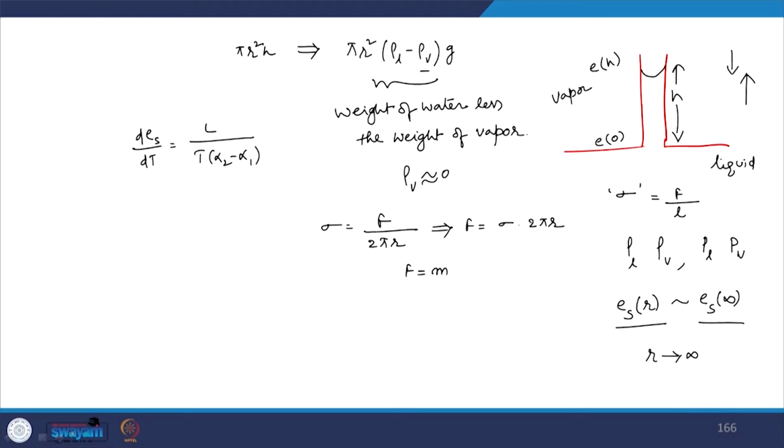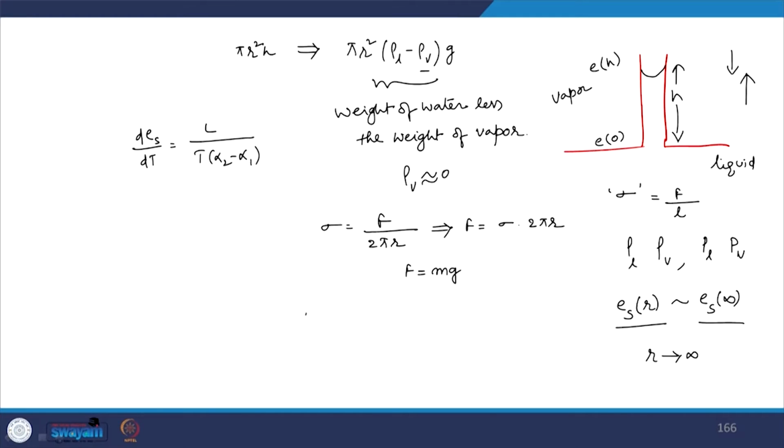This force has to be equal to mg. Surface tension is the force per unit length or interfacial energy per unit area of the liquid vapor interface. So the weight must be balanced by the force created by the surface tension in the meniscus, right.